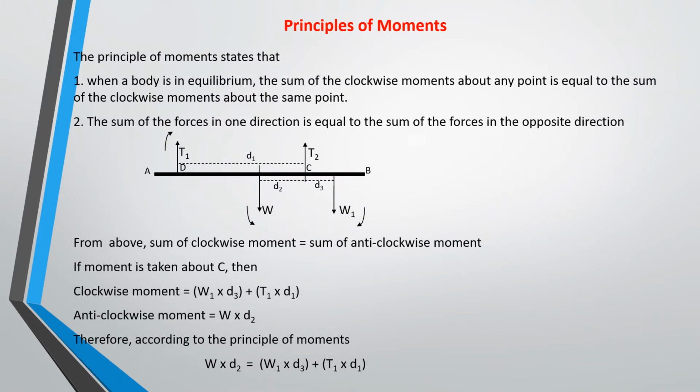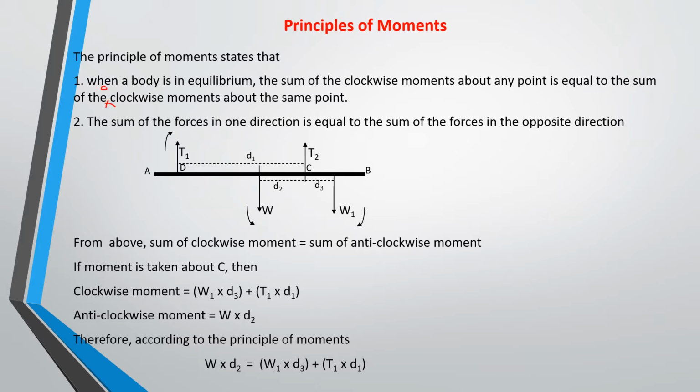Okay, the principles of moments states that one, when a body is in equilibrium, the sum of the clockwise moments about any point is equal to the sum of the anticlockwise moments about the same point. Okay, so the sum of clockwise moments equals the sum of anti-clockwise moments.